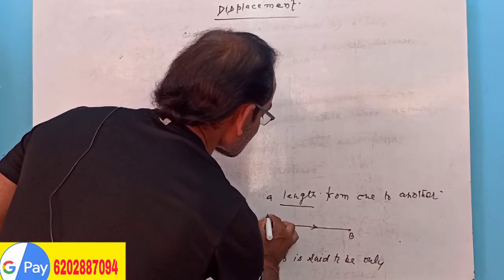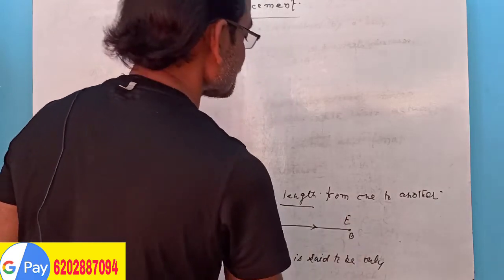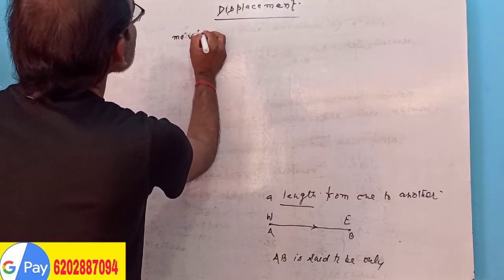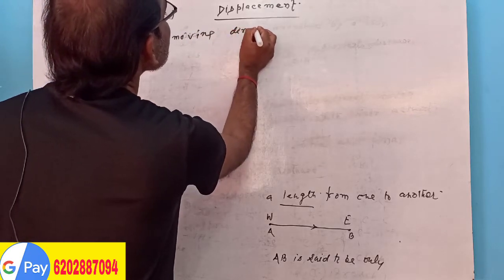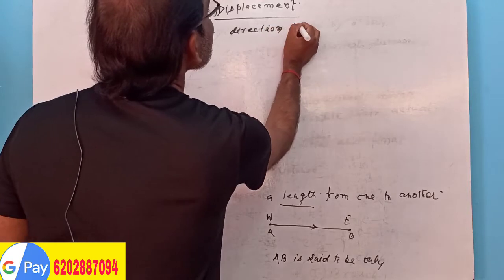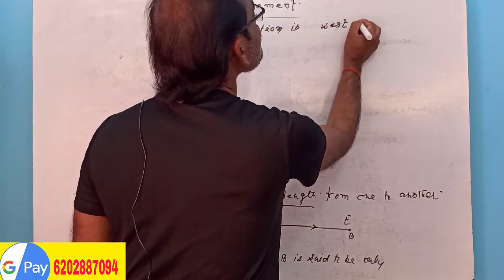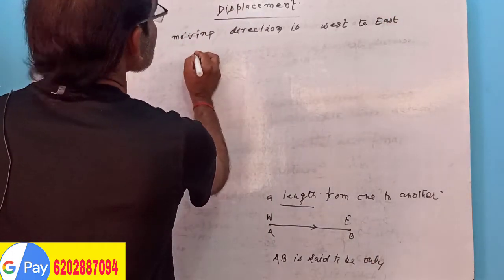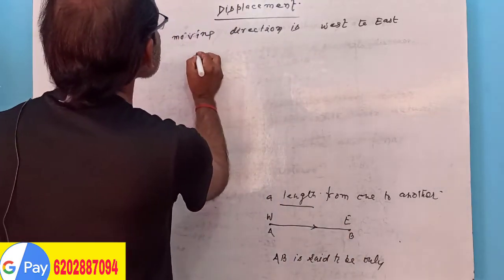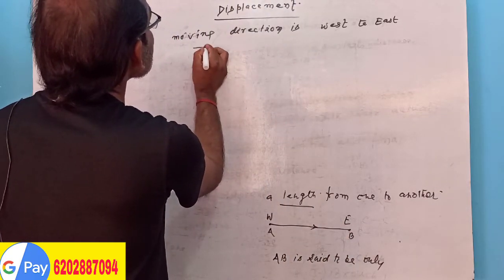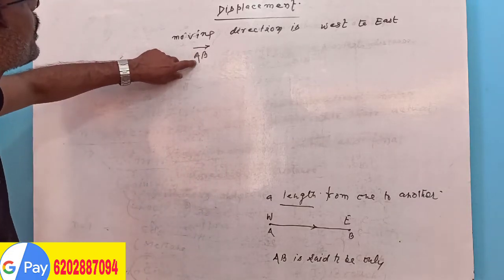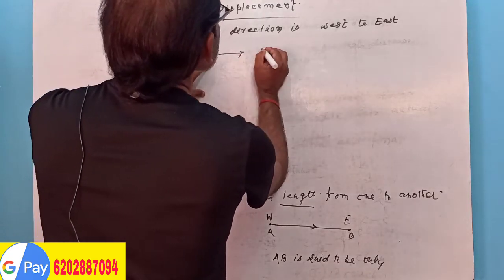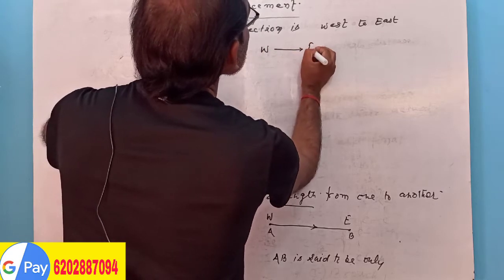If this direction is W and E, then the moving direction is west to east, then AB, the distance, can be indicated by vector AB, that implies west to east.